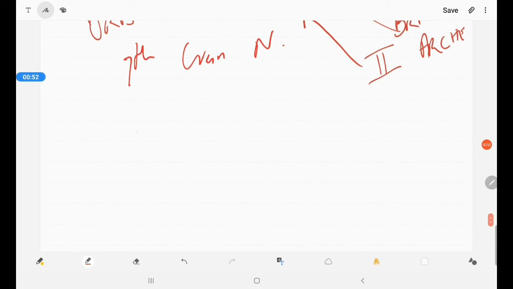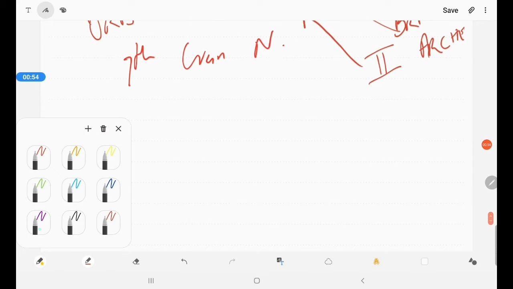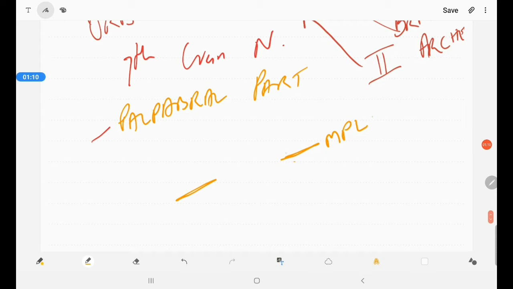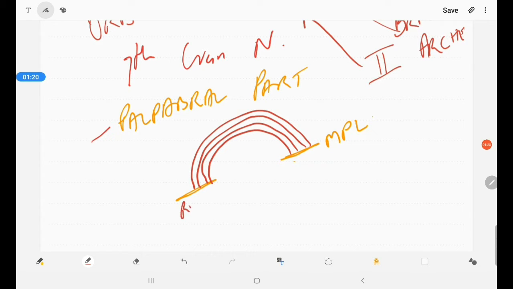It has a palpebral part. Now this is that part of the orbicularis oculi which starts from the medial palpebral ligament and comes all the way up to the lateral palpebral raphe.